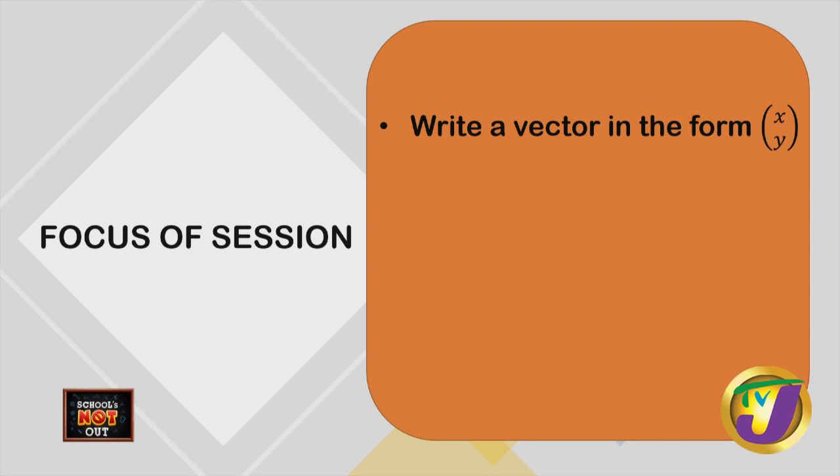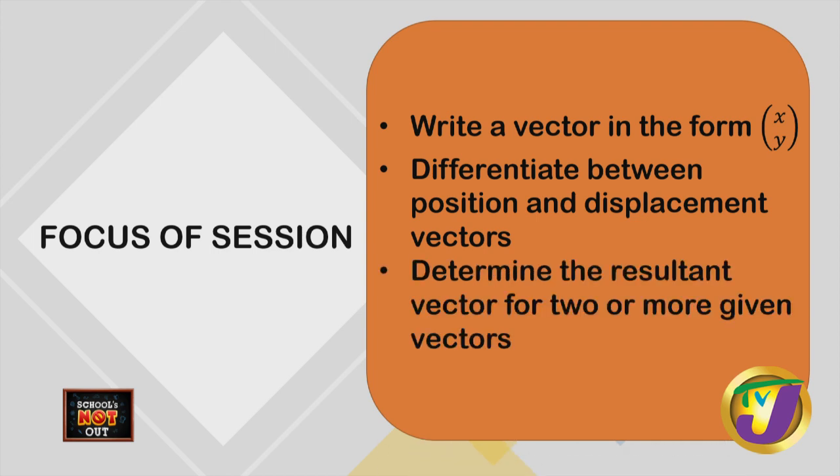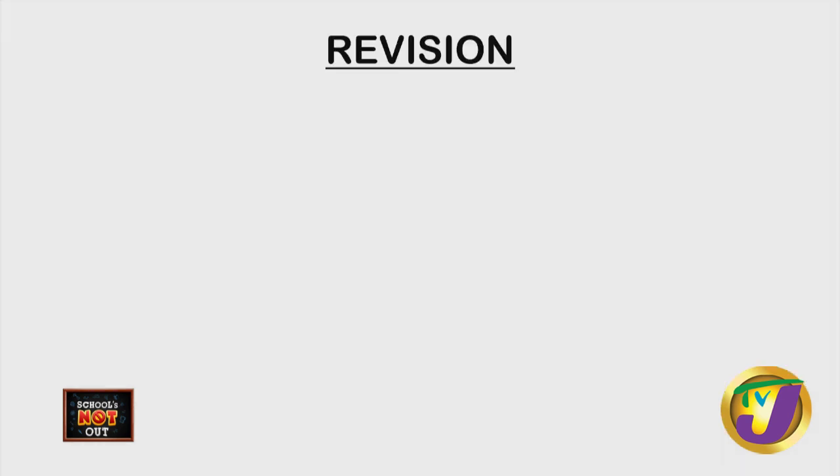Today, we're going to look at how to differentiate between position and displacement vectors, and also how to determine the resultant vector for 2 or more given vectors. Let's do a recap, shall we?